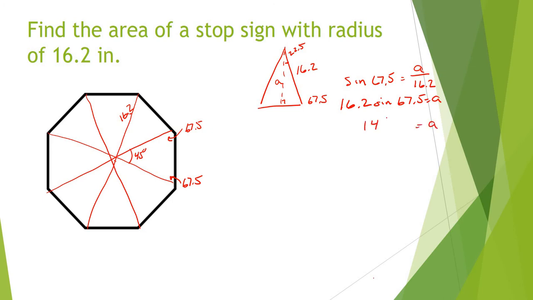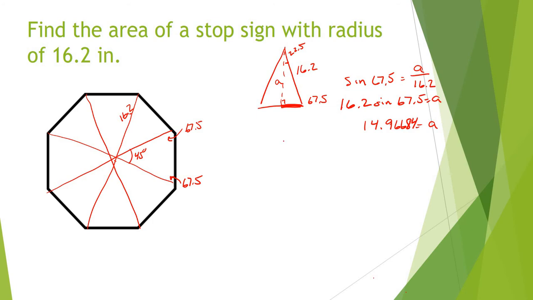I went ahead and worked this out. I got 14.96684. So I've got the apothem. Now I need to find the base. So I'm going to find this little half of the base. What did I use for that?